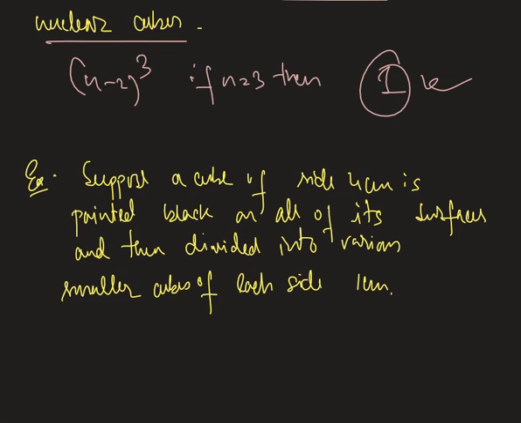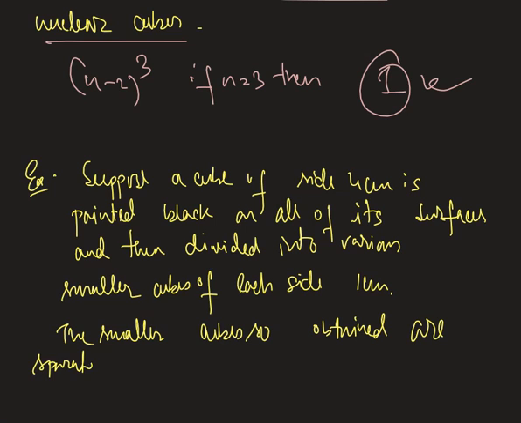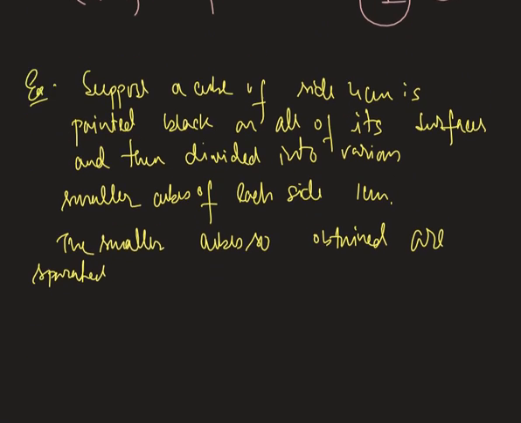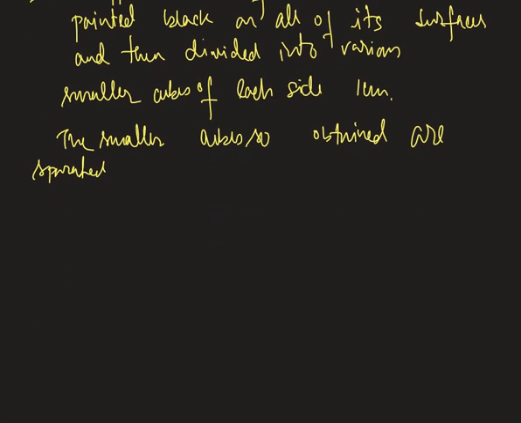Then the smaller cubes so obtained are separated. Therefore, the total number of cubes so obtained is 64.